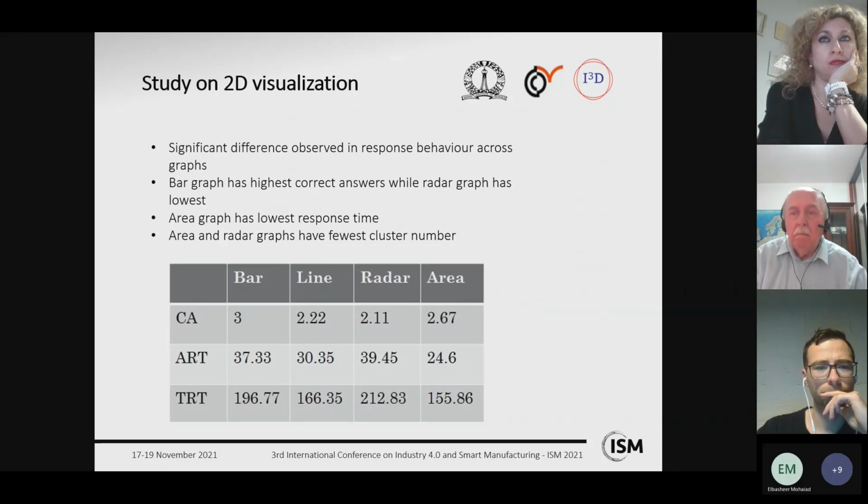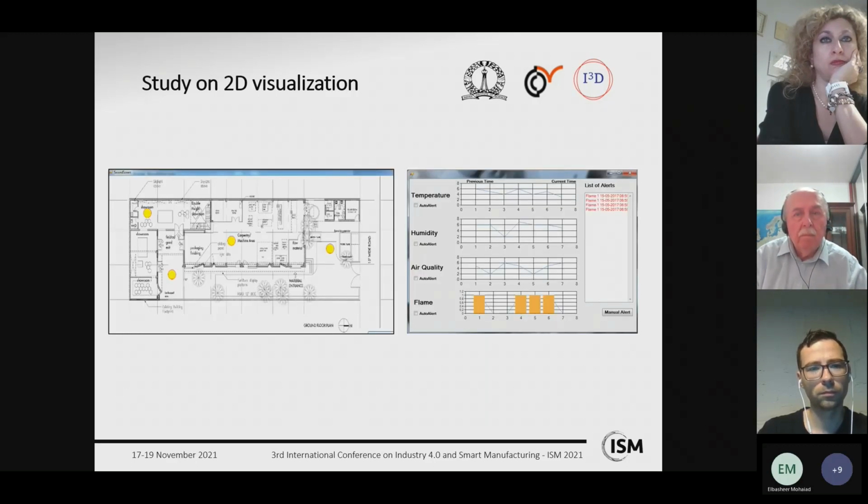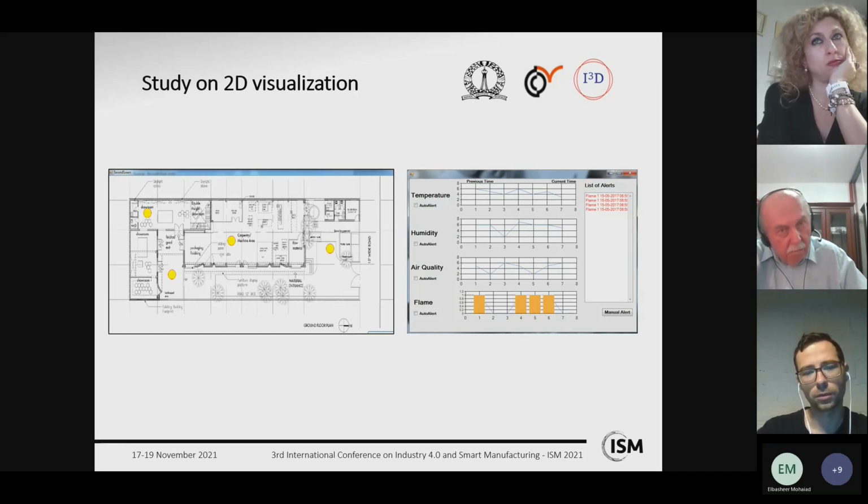We took advantage of the results of this study, and we developed a sensor dashboard. It is a basic sensor dashboard. The main interface of the 2D dashboard displays the spatial information of sensors.